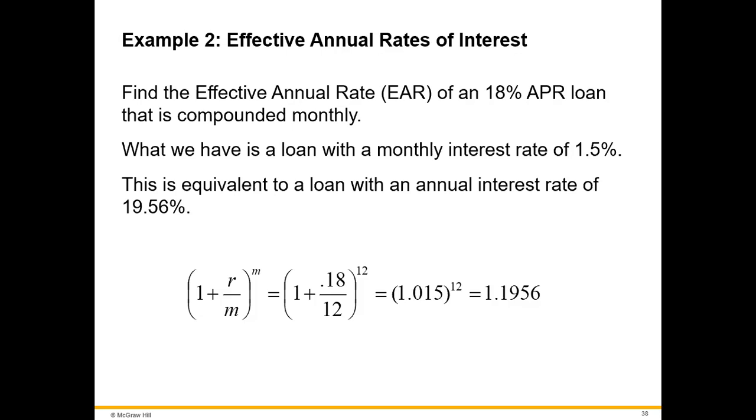How do we get that? 1 plus the rate of return for the year, 18%, divided by the number of compounding periods per year, 12, to the number of payments for the year, 12 power. And you can see the rest there. We subtract 1 from 1.1956, and it gives us our effective annual rate.